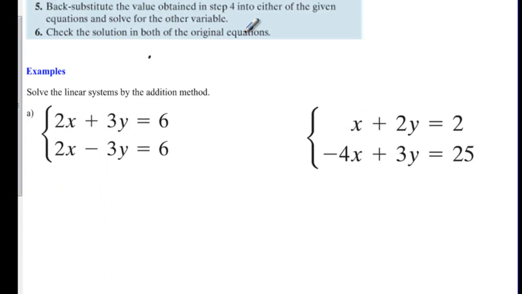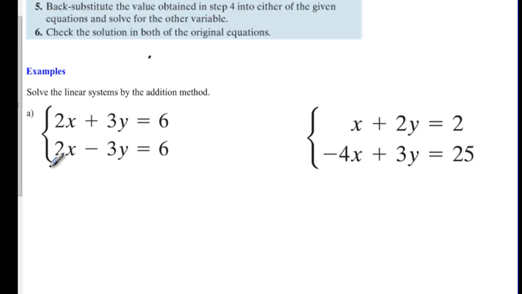All right. So we're going to solve by the addition method. The goal of the addition method is that whenever you add straight down, one of the variables will go away. The first one is super nice and easy, because if we add straight down, you see the positive 3y and the negative 3y are definitely going to cancel out.